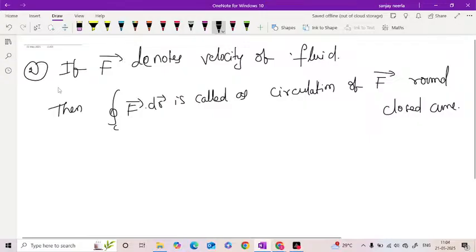So this is the second application, and the third one is the scalar potential field.